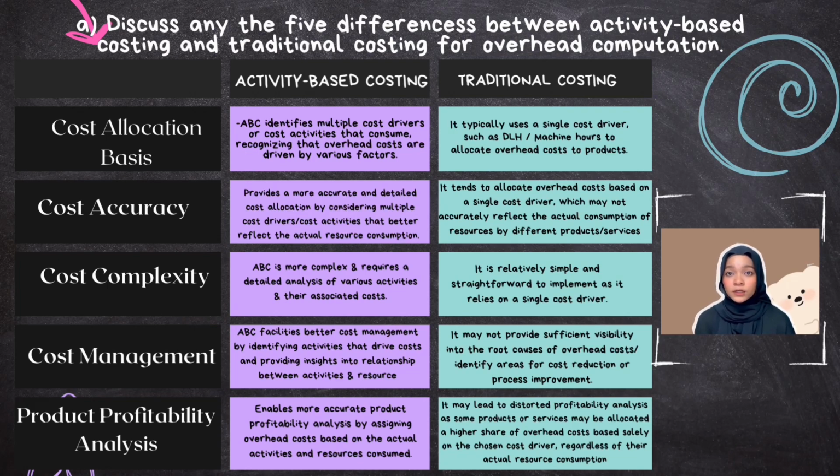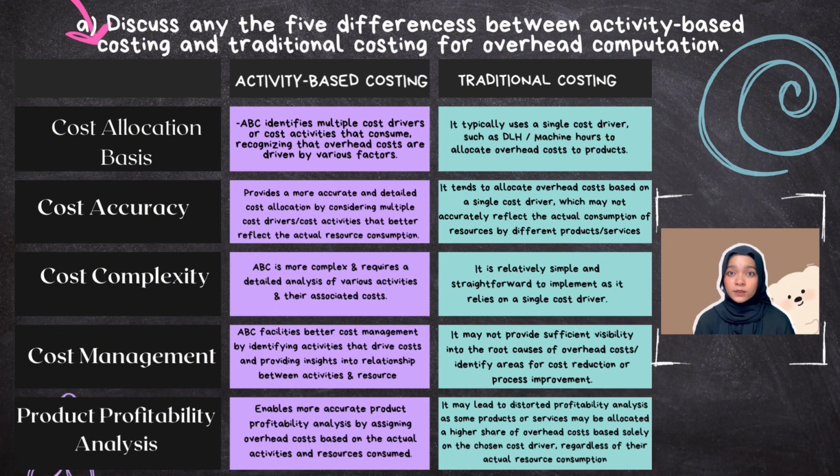Next, traditional costing may not provide sufficient visibility into the root causes of overhead costs or identify areas for cost reduction or process improvement. These limited insights may hinder effective cost management.